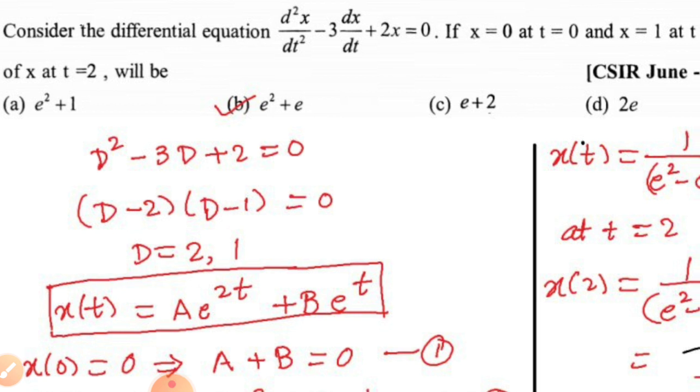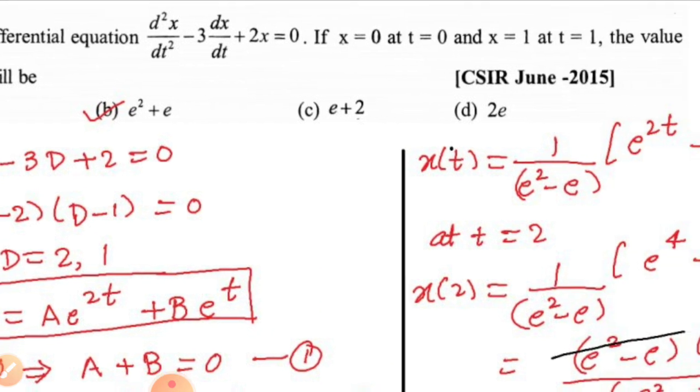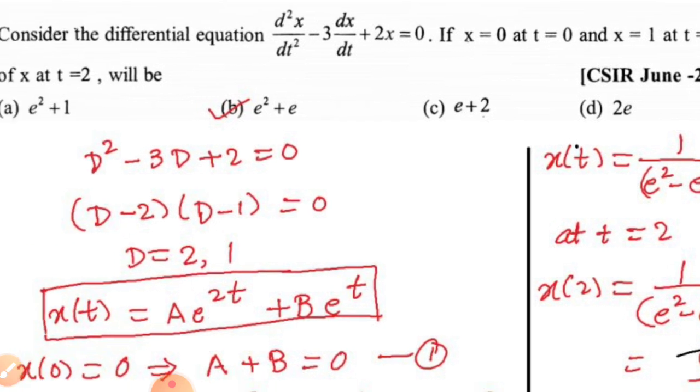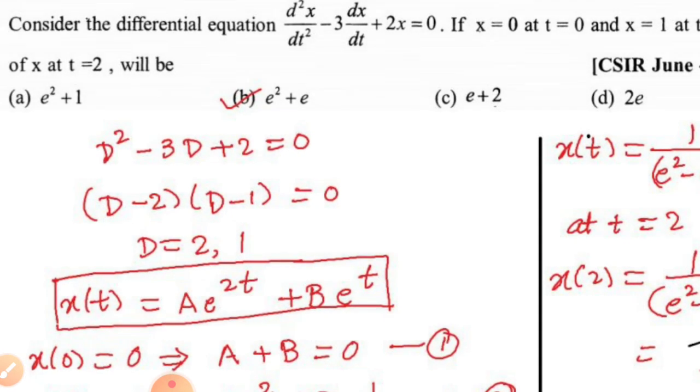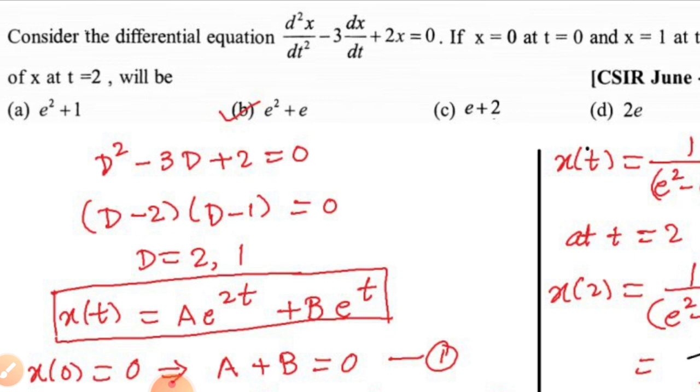This question was asked in June 2015 CSIR NET, a previous year question. What we did here: first we wrote the auxiliary equation, that is D square minus 3D plus 2 equals 0. Then we found the solutions of the quadratic equation. These solutions we used to find the general solution of the differential equation, that was x(t) equals a e to the power 2t plus b e to the power t.